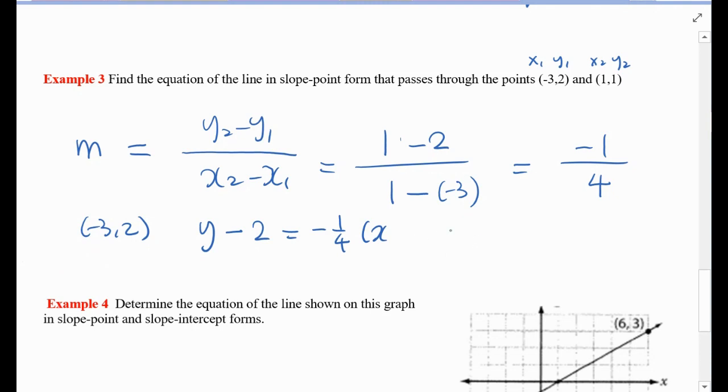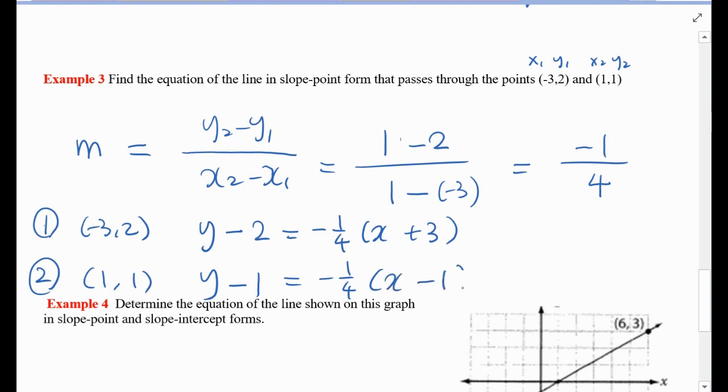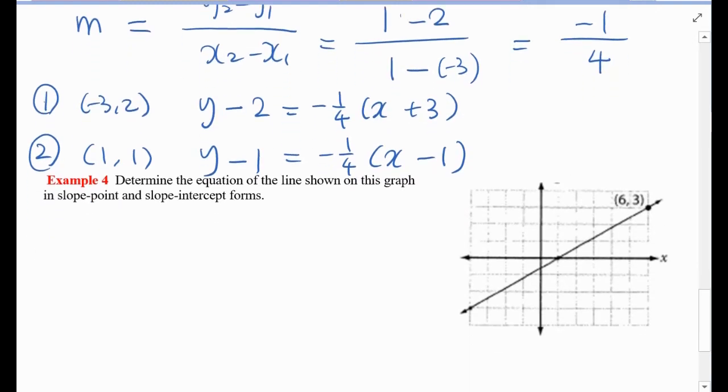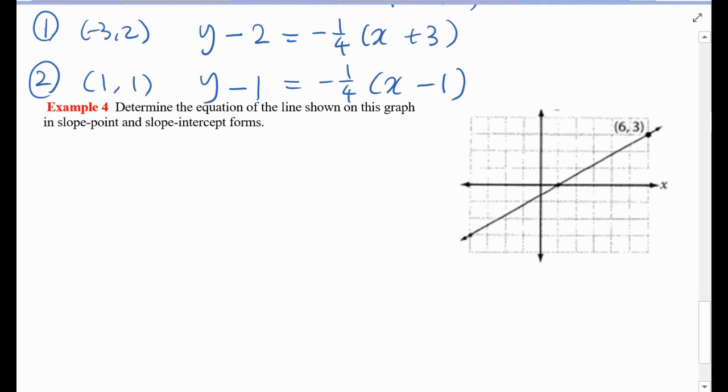Negative becomes positive, so plus 3. Or we can also say y minus 1 equals negative 1 over 4 times x minus 1, if we use this point. So both are right. You can just find one of those two equations. Okay? All right, next.